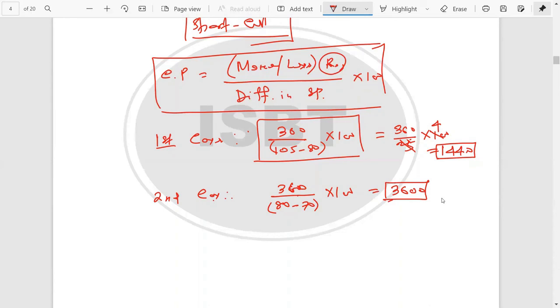In the first case and second case, 360 rupees more or less divided by the difference between selling prices, into 100, that is the cost price. Here also 360 rupees less divided by the difference between the selling prices, into 100, that is the cost price.